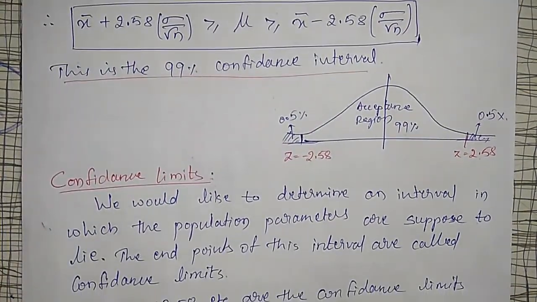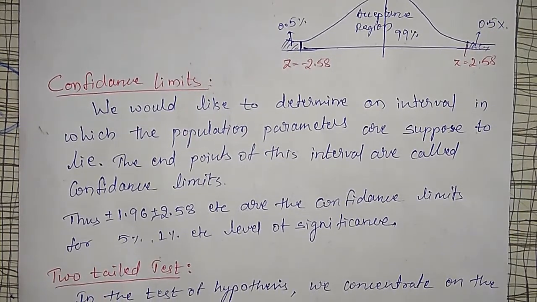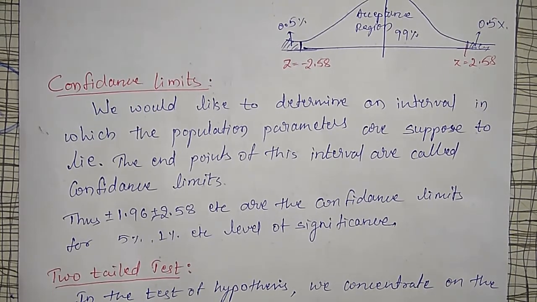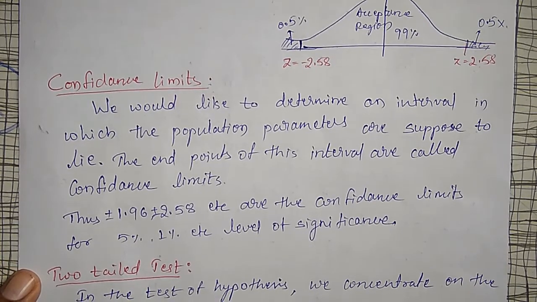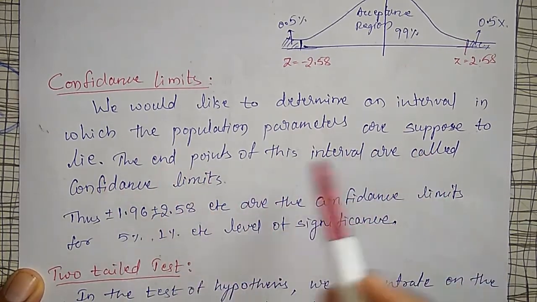This is known as the 99% level of confidence interval. Then what is the confidence limit? I have to explain here. We would like to determine an interval in which the population parameter is supposed to lie.